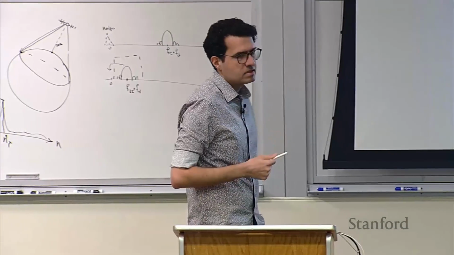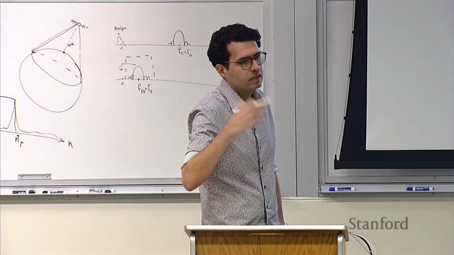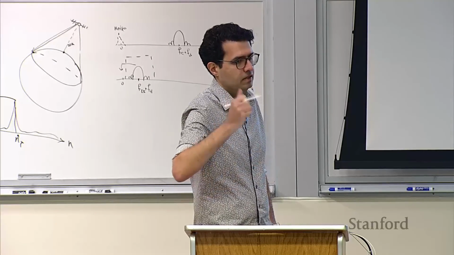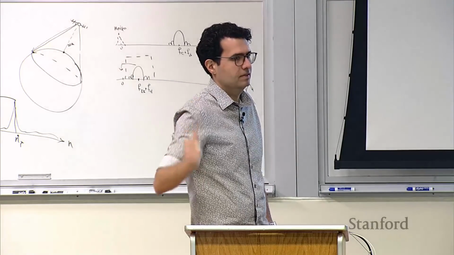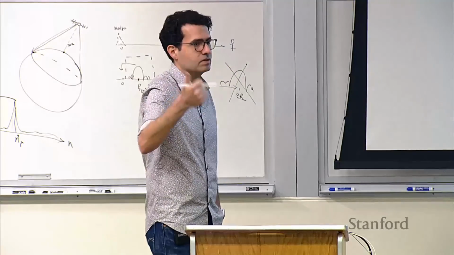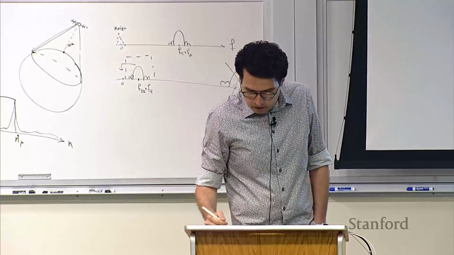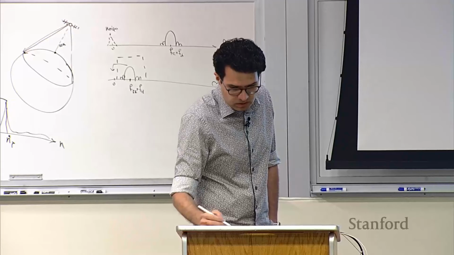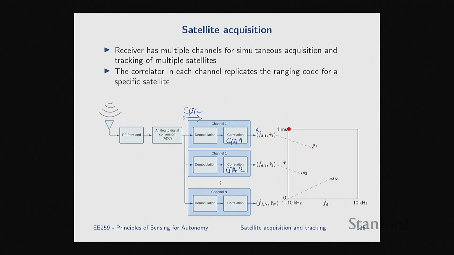But these days it's software defined, so they have like 8 or 10 channels at a time, and they flip through the codes and find which ones give a response.